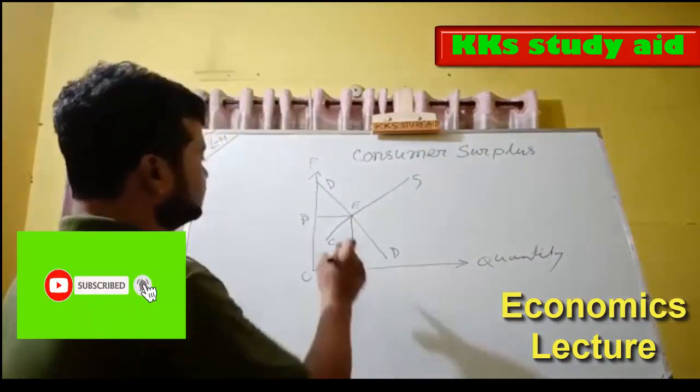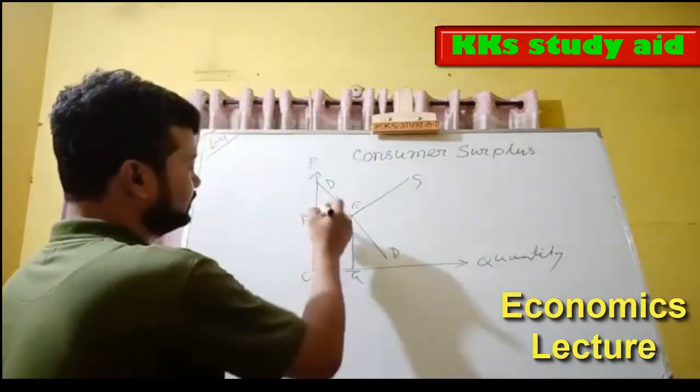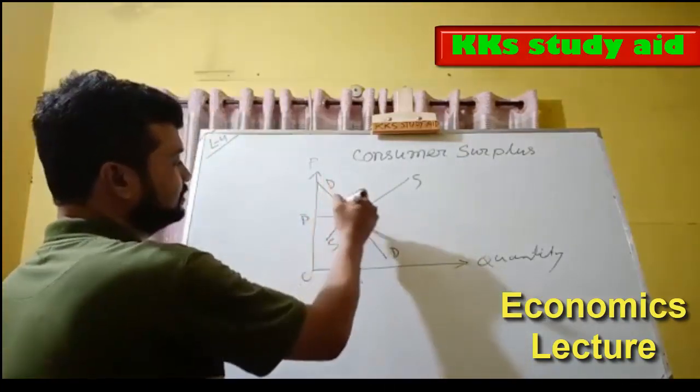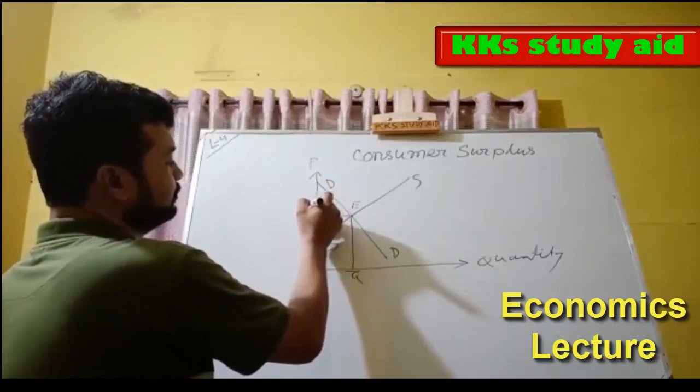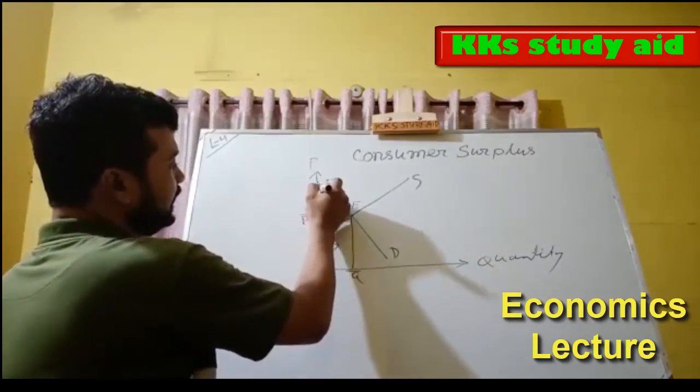But there are so many prices higher than this market price under this demand curve. This could be P1, P2 and P3.